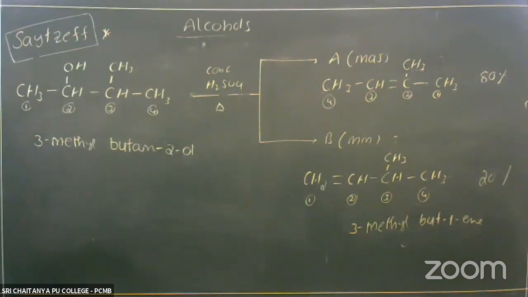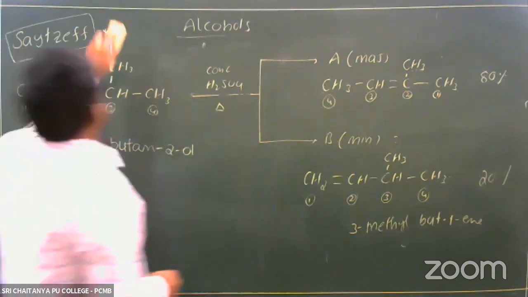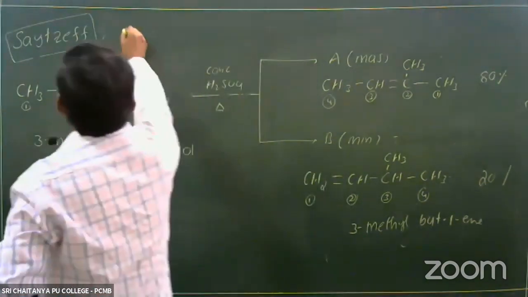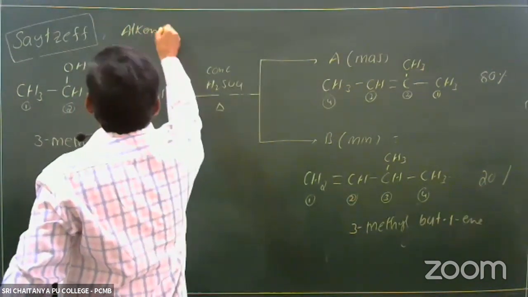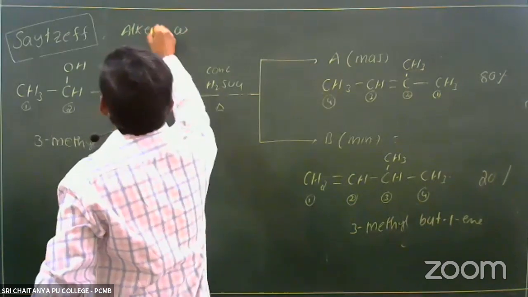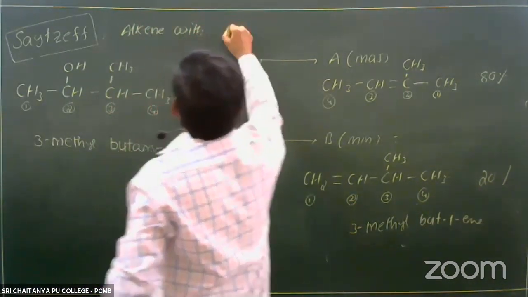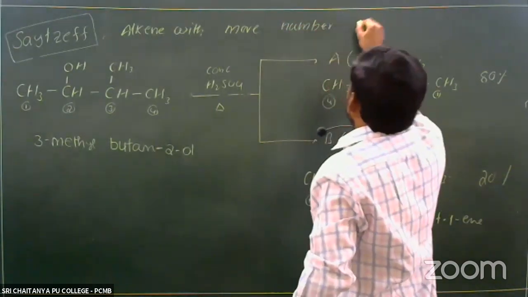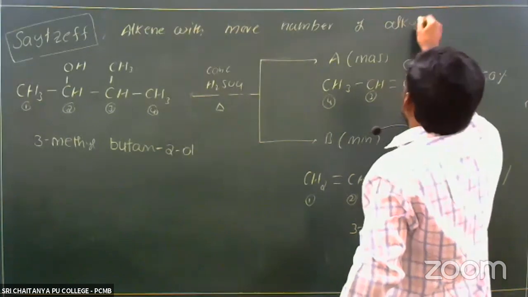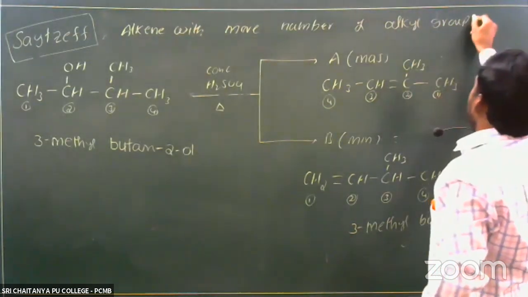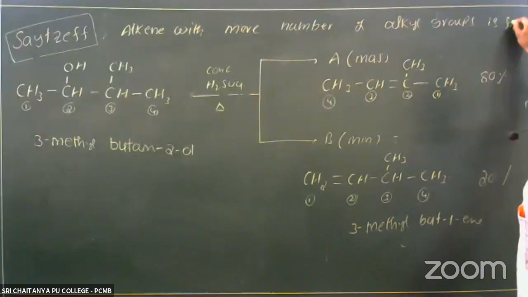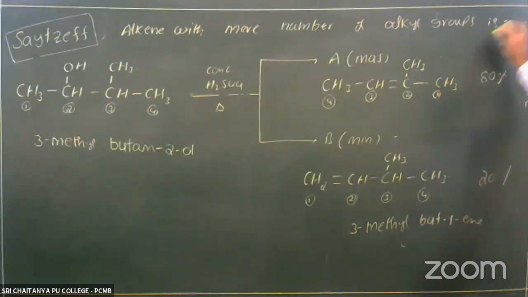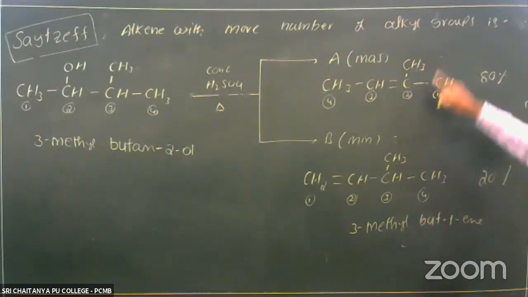So what is Saytzeff's rule? According to Saytzeff's rule, the alkene, meaning a double-bonded compound, with more number of alkyl groups is formed.